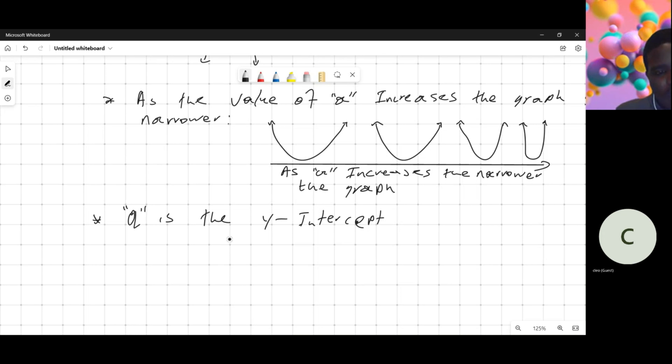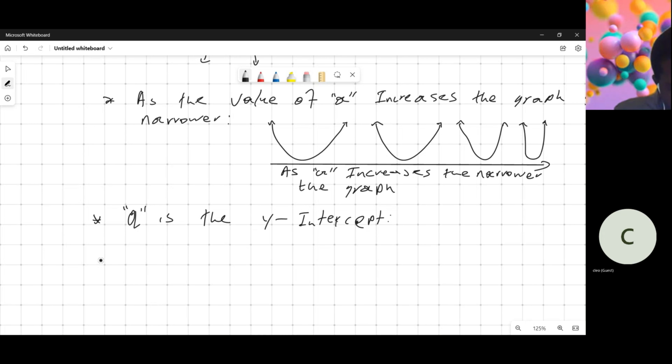From the previous notes, I hope we understand that the y-intercept is the value of y, or the point where the graph touches the y-axis. Q is the y-intercept.